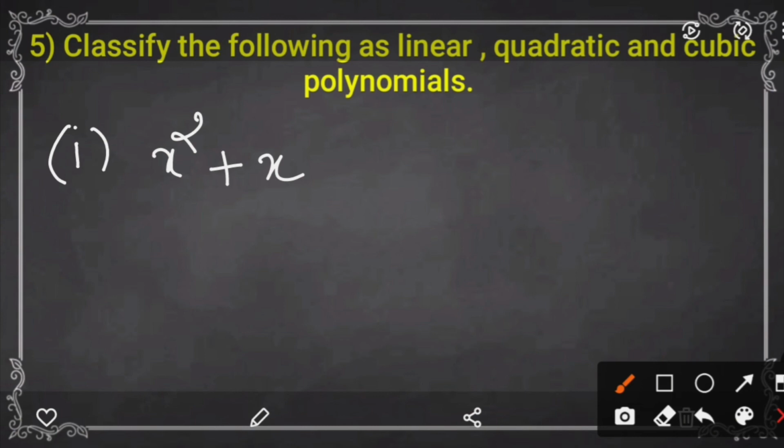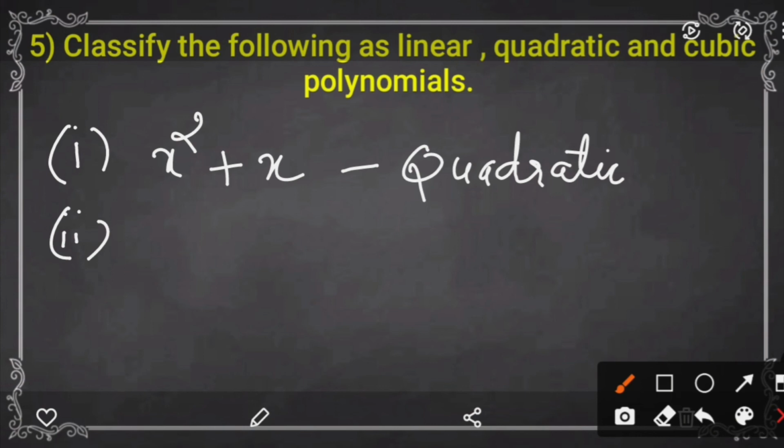Whether it is linear or quadratic or cubic. See here, the power is 2, so this is a quadratic polynomial. Then the second one is x minus x cube. See here, the degree is 3, that is cubic.